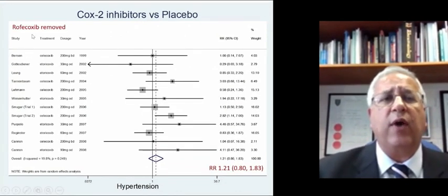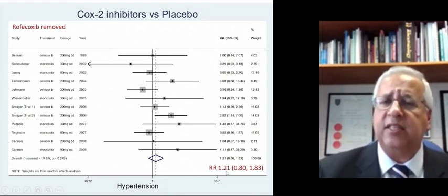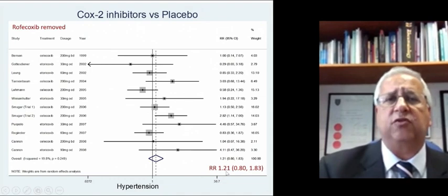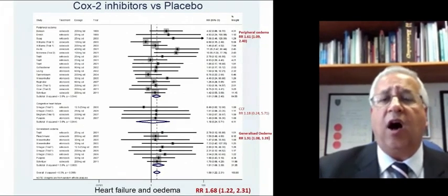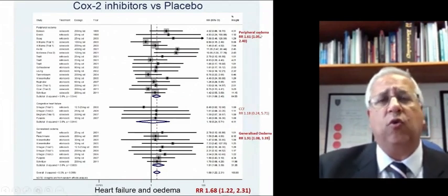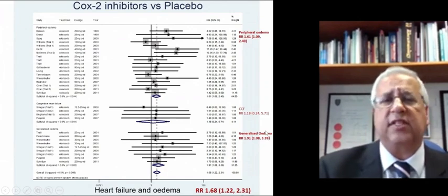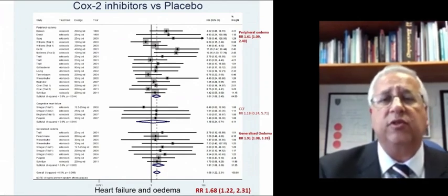When rofecoxib was removed, it persisted, but with some attenuation of that elevated risk. Heart failure was important, with a relative risk of 1.68, as were, of course, peripheral and generalized edema, and these also stayed when rofecoxib was removed.